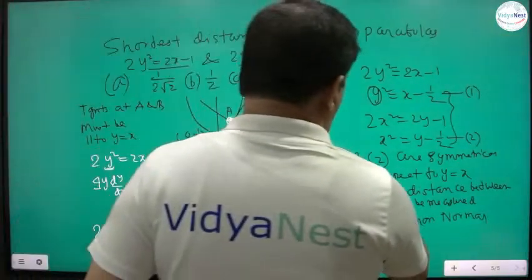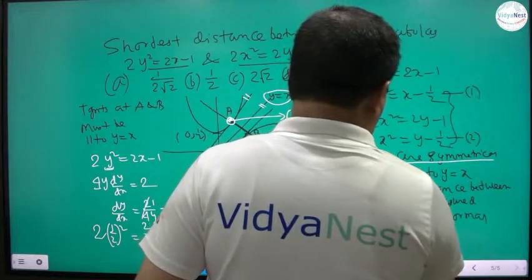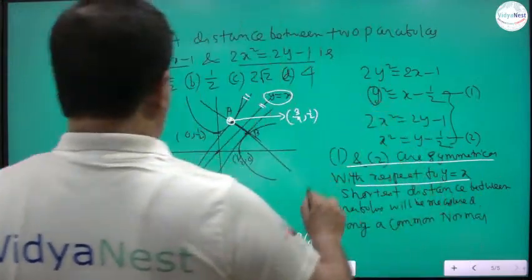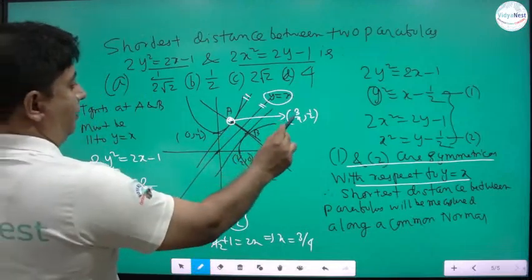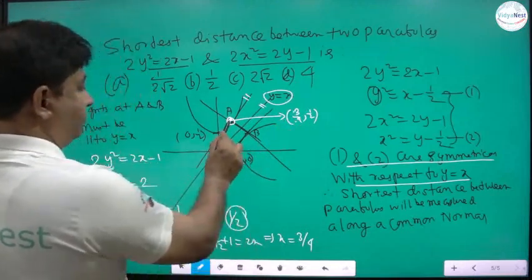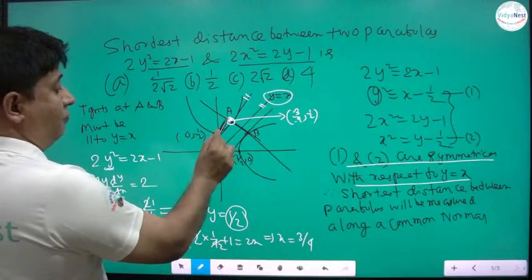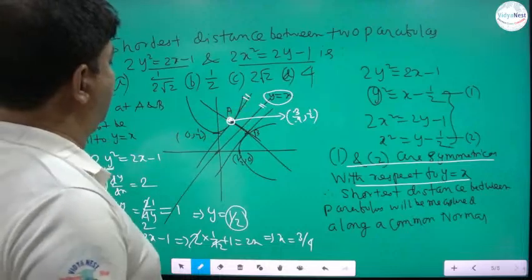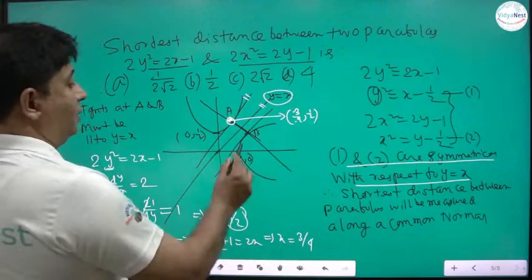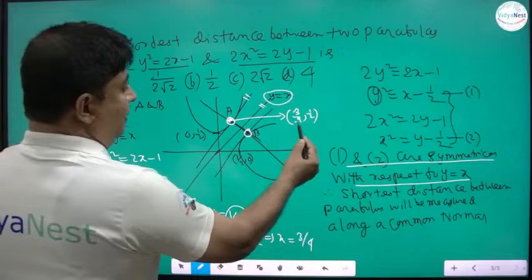We have got these two are symmetrical with respect to x is equal to y. So once you get 3 by 4 comma half, the coordinate of the point of contact of the tangent, then by symmetry, reverse it.